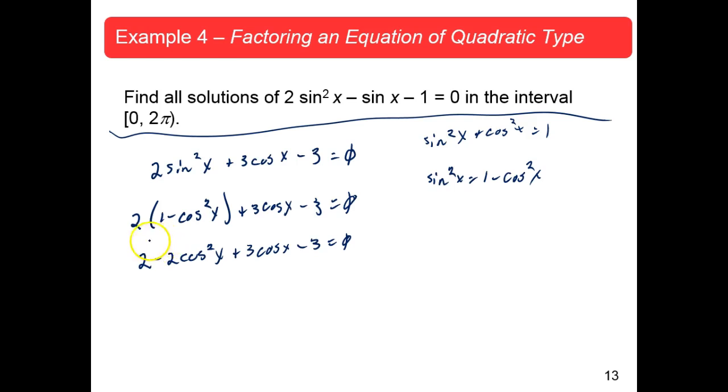Yes. Add the 2 to the minus 3, and what do you get? Negative 1. So I have a negative 2 cosine squared x plus 3 cosine x minus 1 equals 0. Combine like terms. Exactly. Somehow I changed that from plus to minus. Didn't mean to. Okay? Now what?